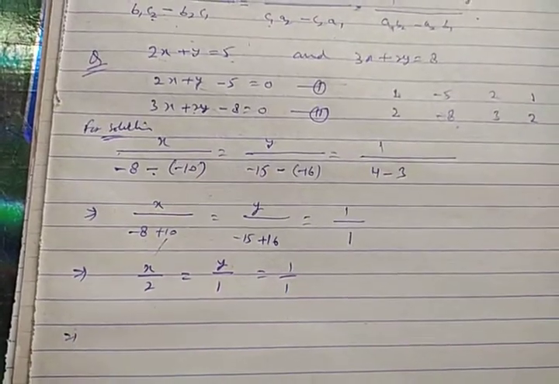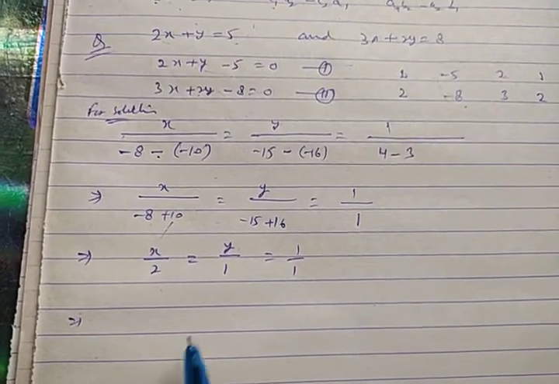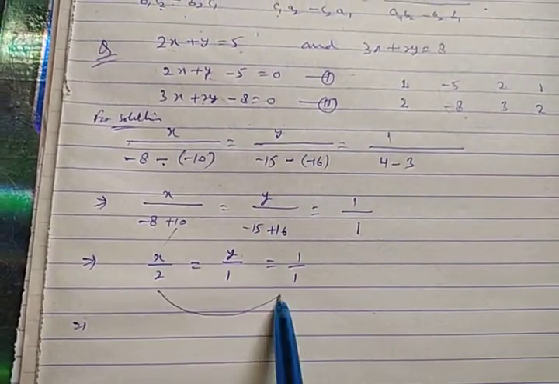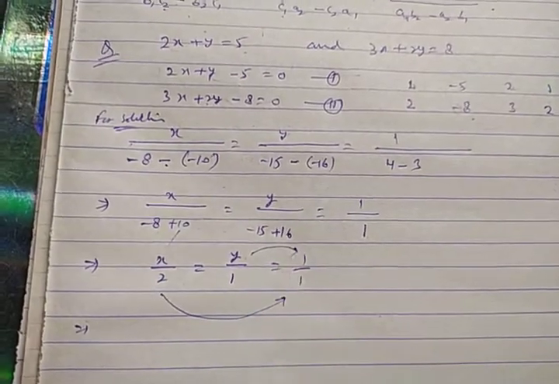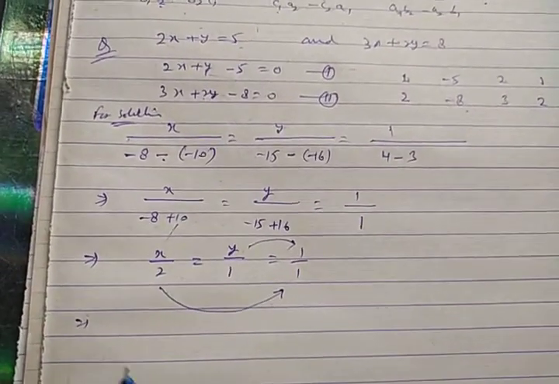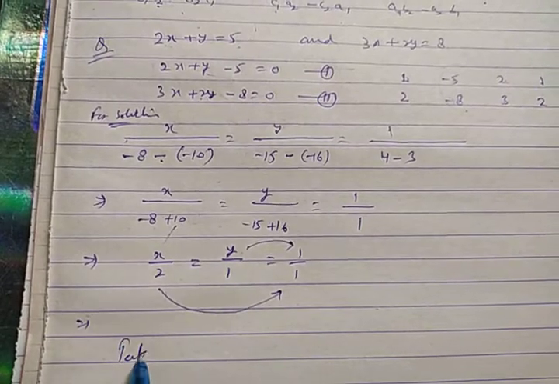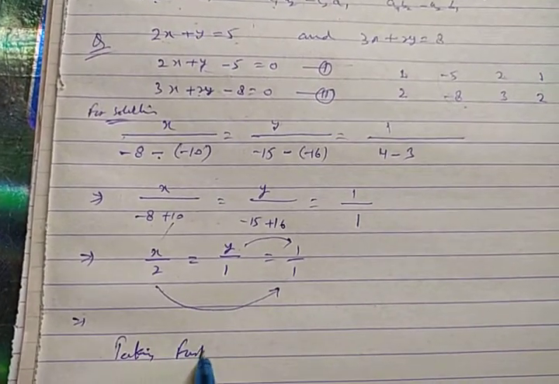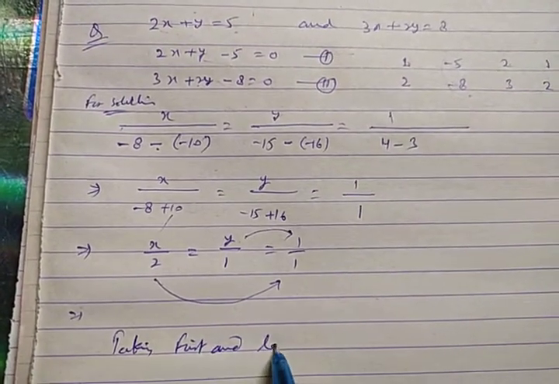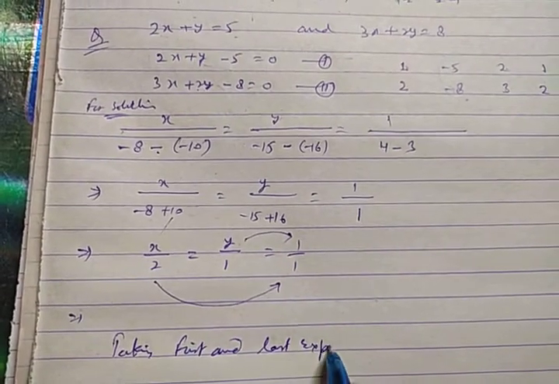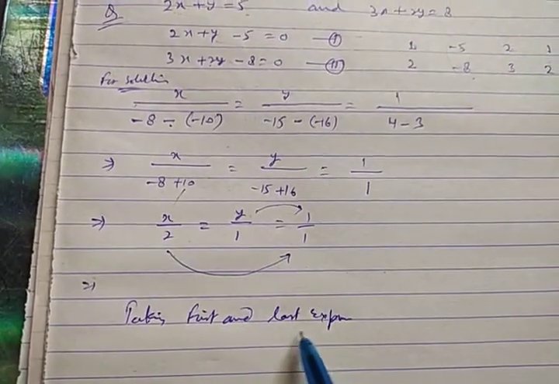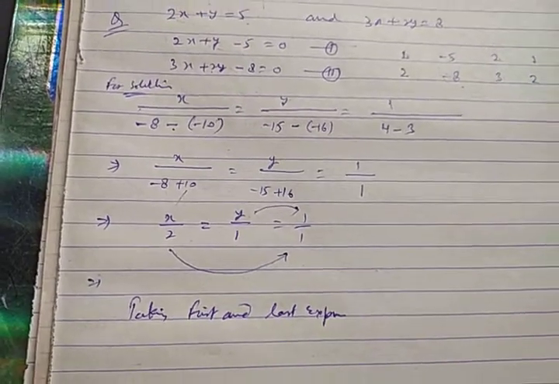Now what you have to do, you have to compare. Comparison means first and last and second and last, or you can write taking first and last expression. You can also write terms or expression, whatever.